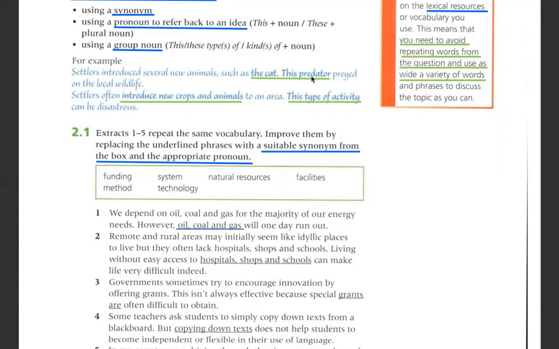A lot of you are just giving me the synonym. I want you to give me the synonym and the pronoun that we need. Either this, these, or adding kind of or type of.